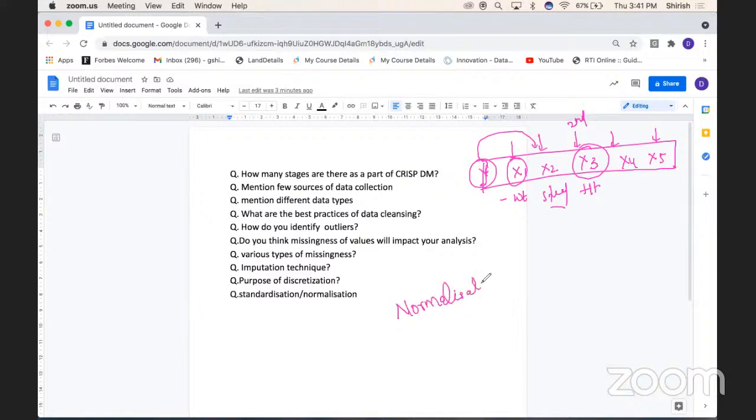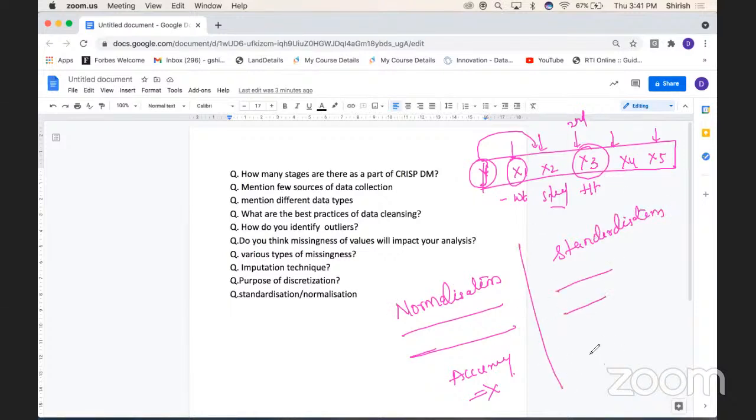For a given data set, you can perform normalization to check your accuracy. If it is not good, then you can apply standardization also. Not both at a time, one after the other can be applied, and check which one is giving you the best results. So when you go for standardization, z is equal to x minus mu by sigma. This is given with a standard mean of 0 and standard deviation of 1.